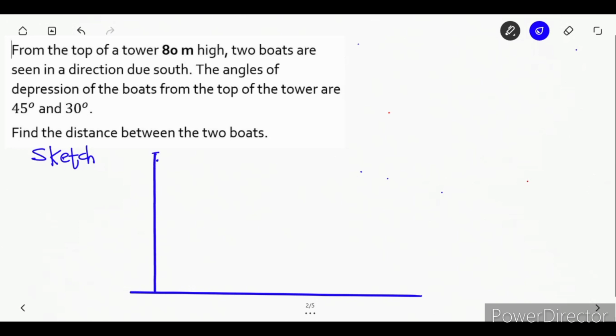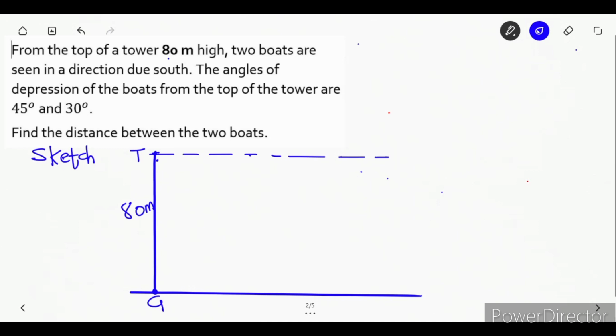So this will be the top of my tower, and from this point I have a horizontal leveled height from the top of the tower. Now the question says the tower is 80 meters high, so I have here 80 meters. Then I'll call this point G.